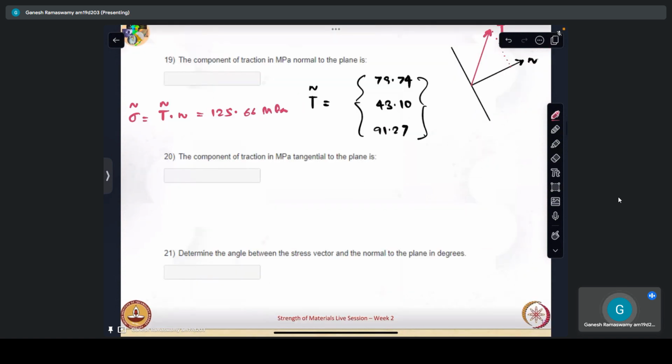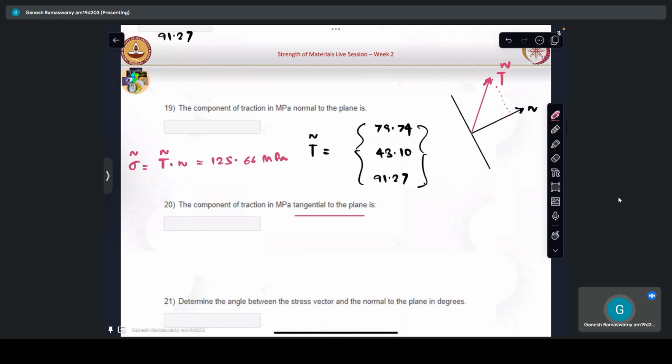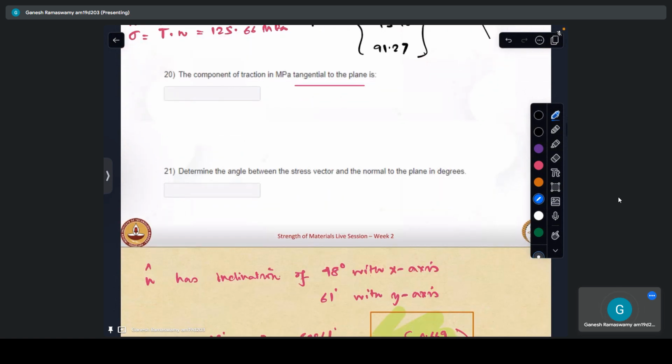Now the traction vector that is tangential to the plane, we know that if this is the normal component, then our tangential component would be like that. So we can find this out using the relation.